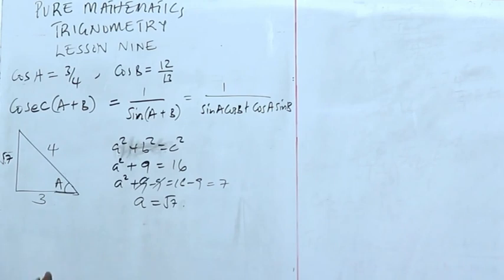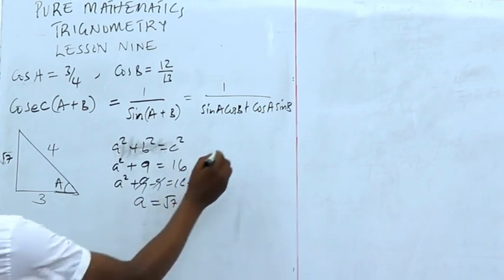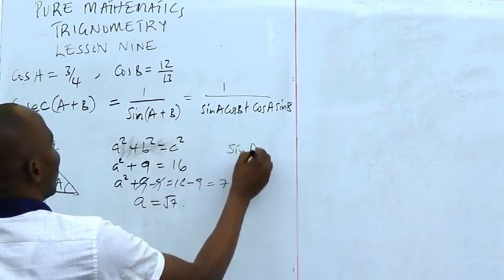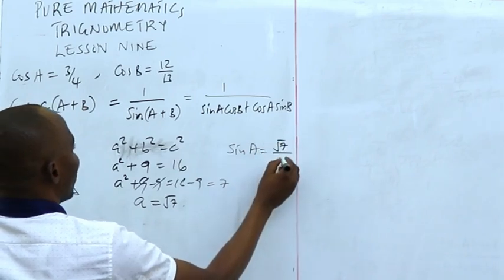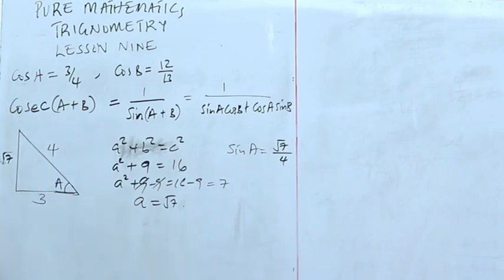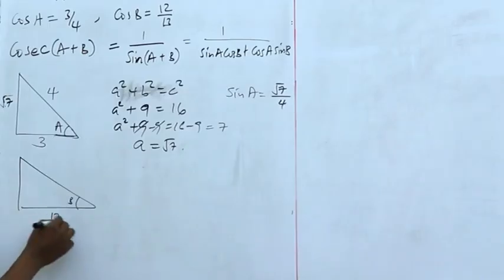Now, if that is root 7, we can get the value of sine A. Sine A is going to be root 7 over 4. Then we need to look at B. This is 12. That is 13.